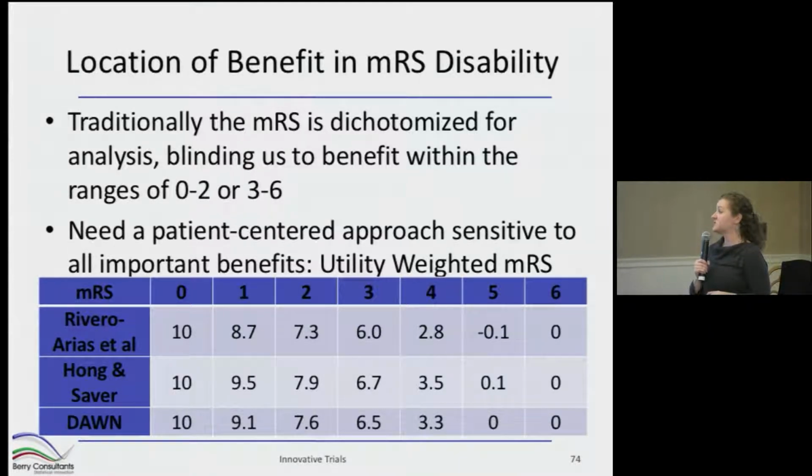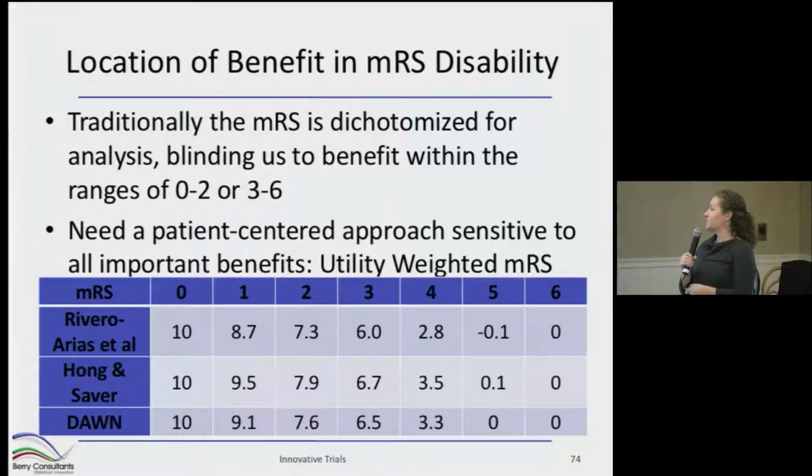So patients who end up with an MRS score of 0 were assigned a utility weight of 10, so that's a good outcome. Patients who died were assigned a utility of 0. 5 is kind of an interesting one. So 5 on the MRS scale is essentially a patient who is in a vegetative state. So one of these proposed methods gives it a very small utility score of 0.1.